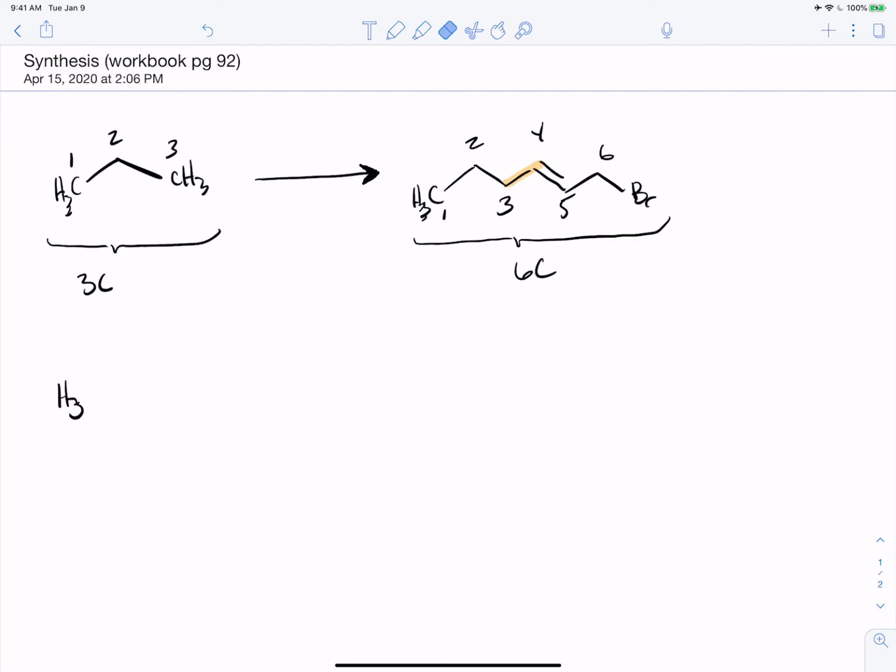You can think about it as somehow one of these molecules that's 3 carbons and another molecule that's 3 carbons must come together to form this molecule. And we could try and go in the forward direction, but I think it's more helpful to think backwards.